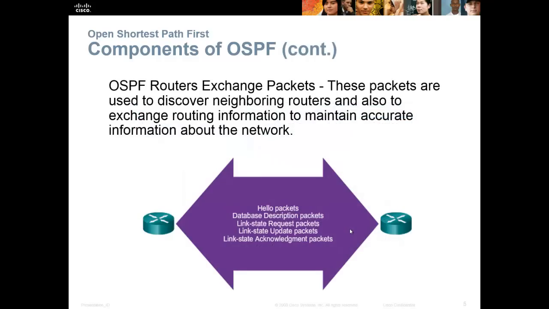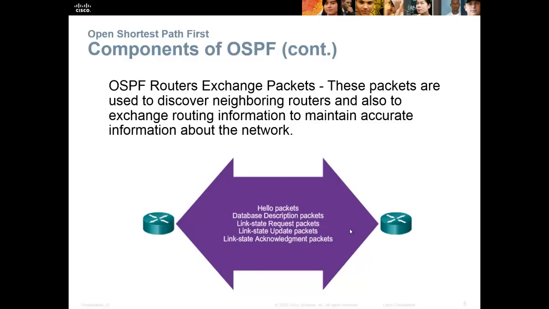All right, OSPF has 5 packet types: hello, database descriptions, link state updates, link state requests, and then obviously the acknowledgments. Hello packets are sent every 10 seconds just to say, hey, I'm still alive. So it's kind of like a keep alive mechanism. So hello packets establish adjacencies. When one router receives a hello packet from another, they both realize, hey, we're both in OSPF area 0. Let's be buddies.